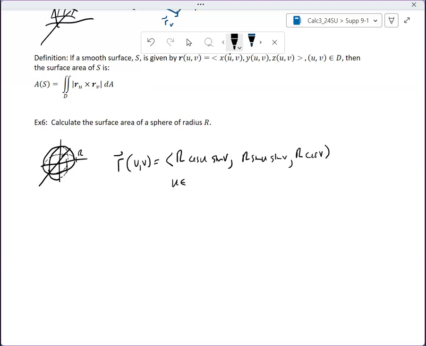Here u goes between 0 and 2 pi, and v between just 0 and pi.